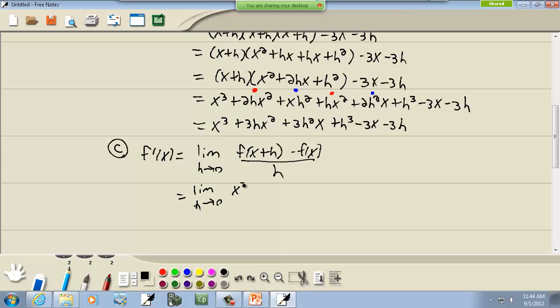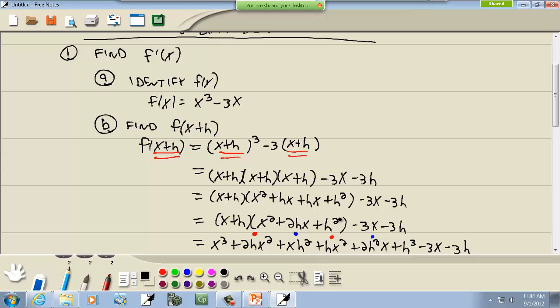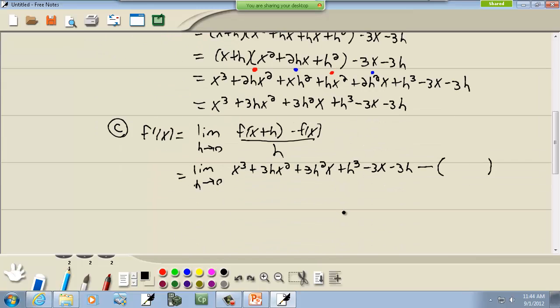So we got x to the third plus 3h x squared plus 3h squared x plus h to the third minus 3x minus 3h minus f of x. I don't remember what f of x was, so let me scroll up. x to the third minus 3x. So x to the third minus 3x all over h.